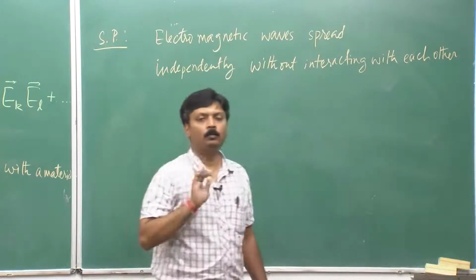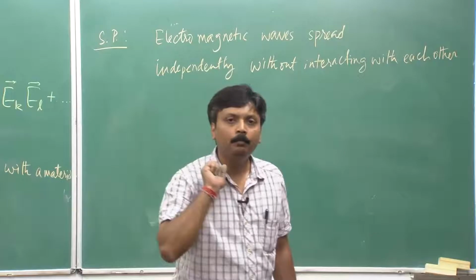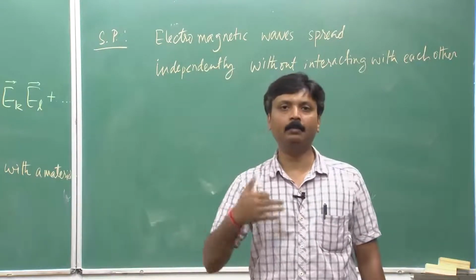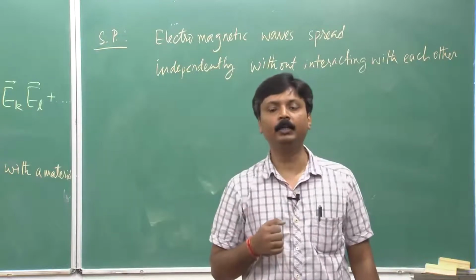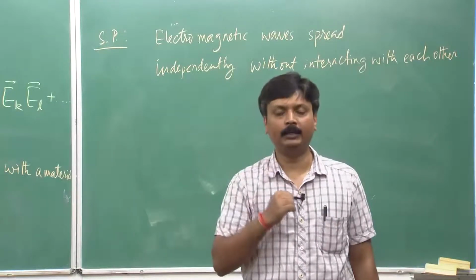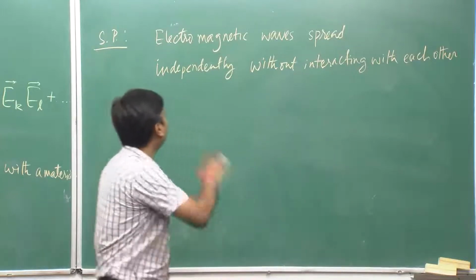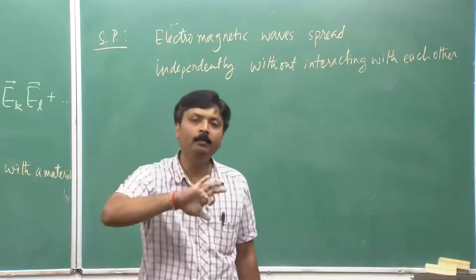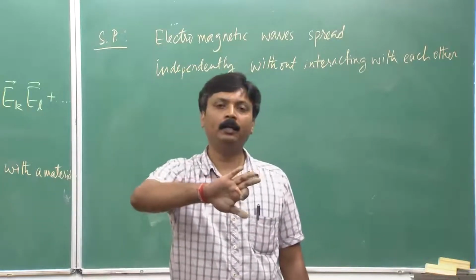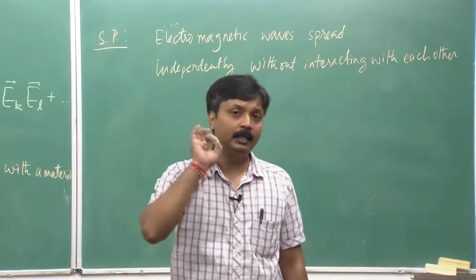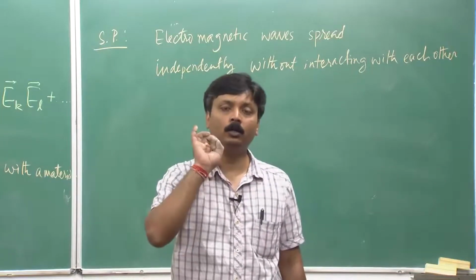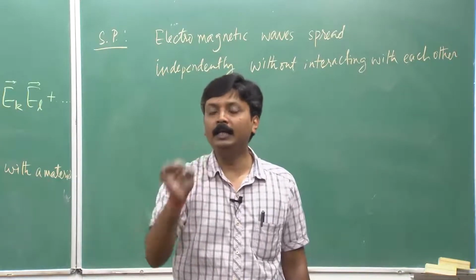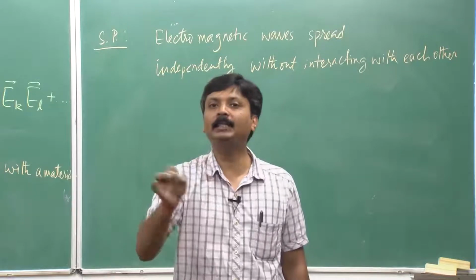So, what does it mean? It means if I put light through the material, and if I put several such lights having several different electric fields having low field strength, in that case it will follow the superposition principle, and superposition principle says that all these waves will interact with the material independent of each other, and each wave will not talk to another wave. So, there is no interaction between these waves, no mixing of these waves.